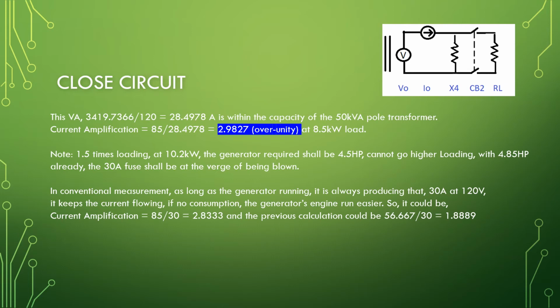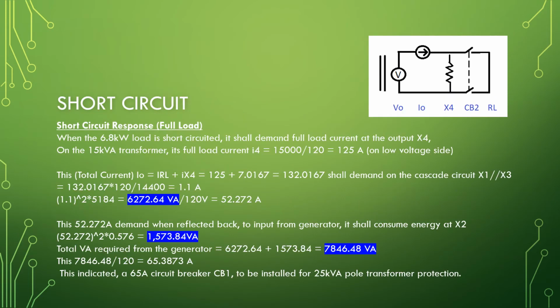So it could be current amplification equal to 85 divided by 30 equal to 2.8333. And the previous calculation could be 56.667 divided by 30 equal to 1.8889.